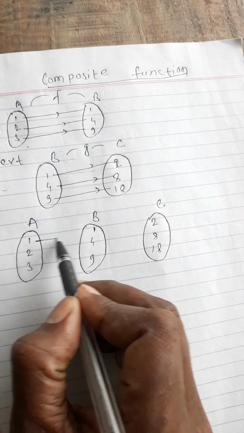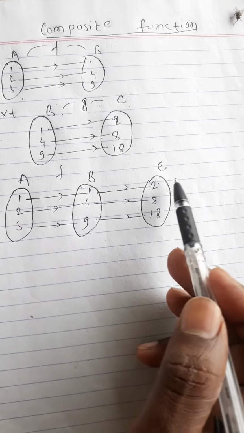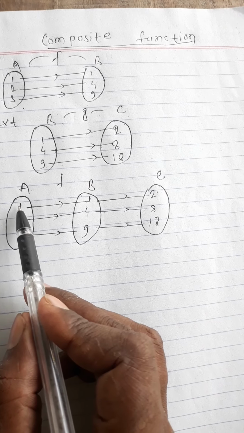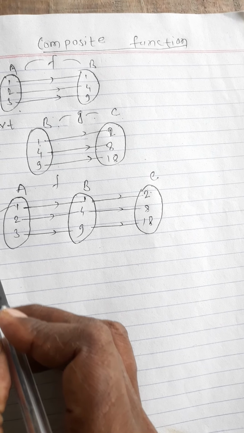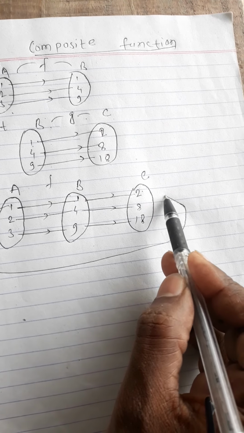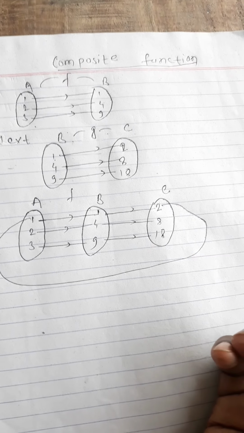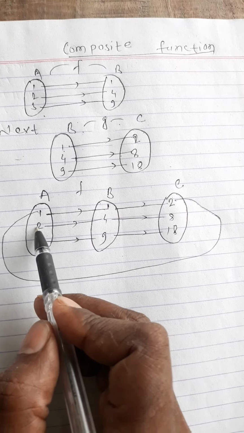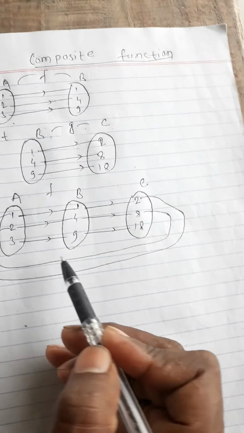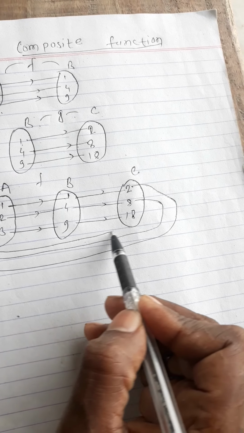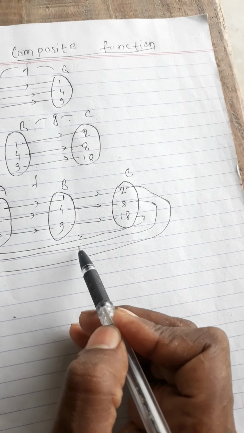Now lastly you can see that A is mapped to B, and B is mapped to C. So A is also directly mapped to C: the element 1 is mapped to the element 2 of C. Similarly, 2 is mapped to 8 in C, and 3 is mapped to 18 in C.